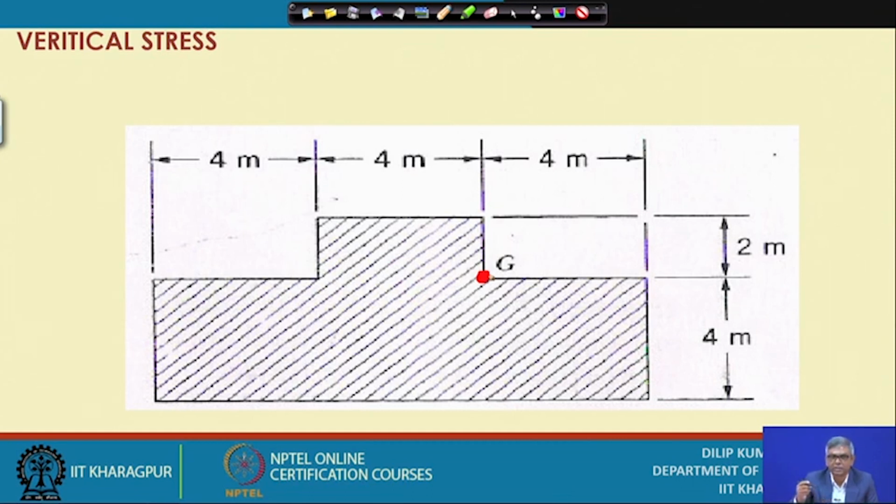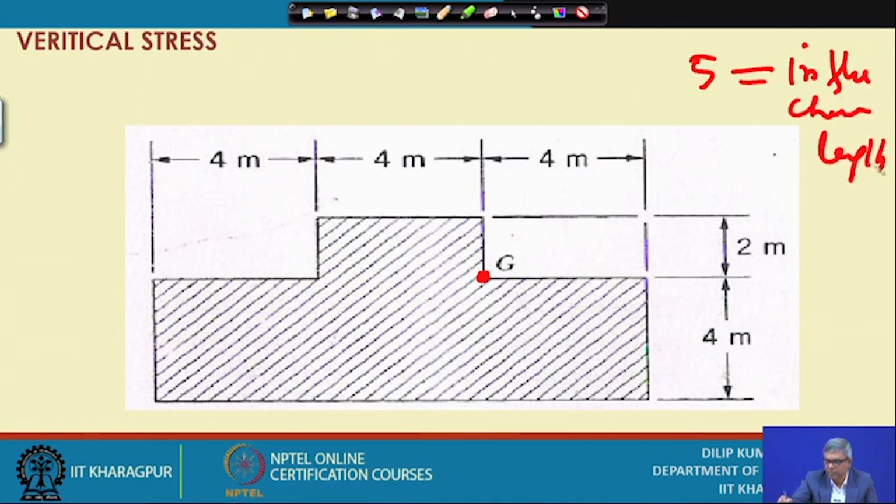So, 5 meter becomes equal to whatever length is drawn beside the influence chart, there is a line drawn. So, that line length you have to measure, suppose 2 centimeter or 3 centimeter, that should be equal to 5 meter.